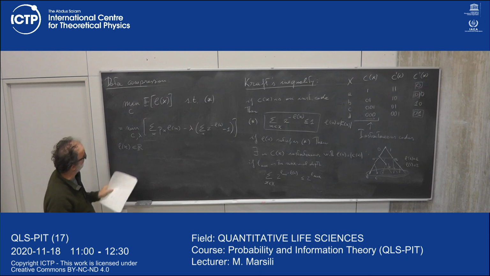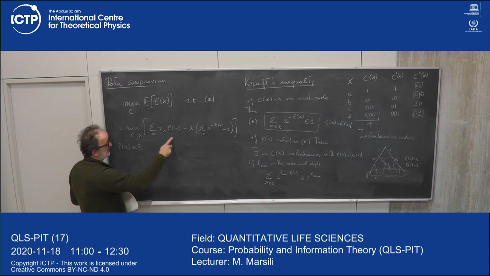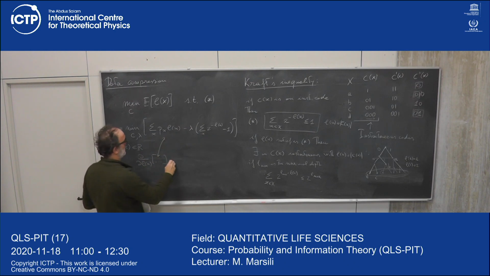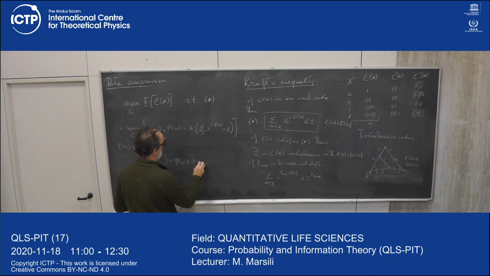Okay, so if we assume that L of x is a real random variable, then we can take a derivative here, and if we take a derivative with respect to L of x of this expression, what we get is just P of x minus, actually plus lambda log 2 times 2 to the minus L of x.